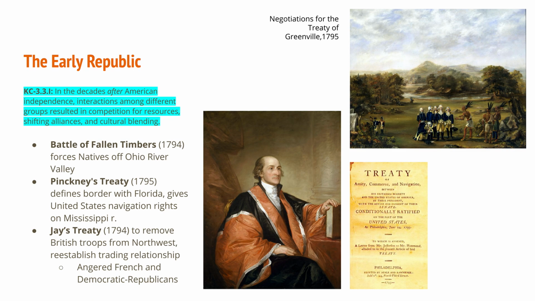So in the decades after American independence, these interactions among different groups resulted in competition for resources and shifting alliances and cultural blendings. So the three groups with which the United States has disputes are Native Americans, the British, and the Spanish.